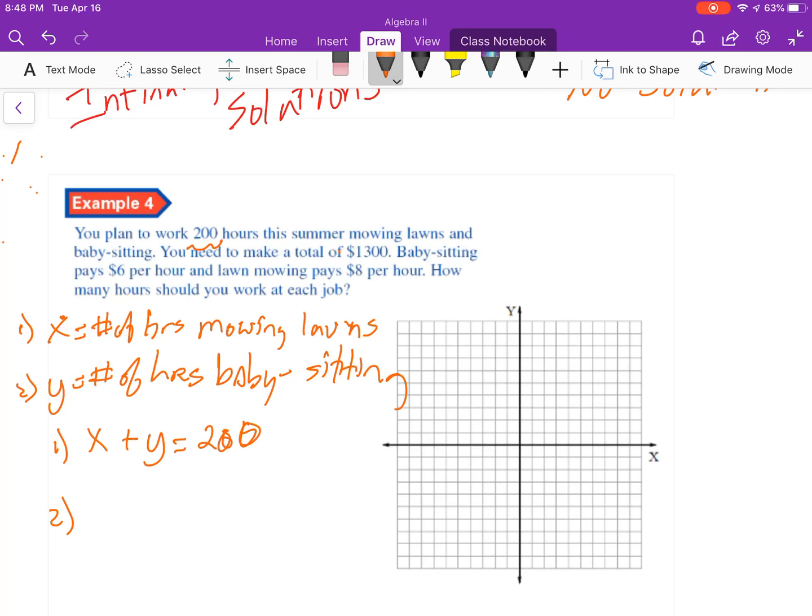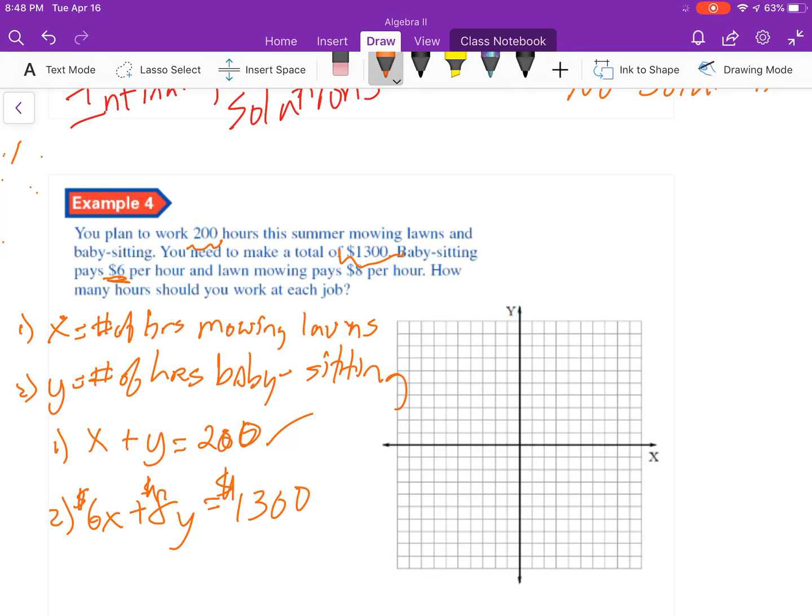Okay? The total amount of money I need to make is $1,300, but what I need to do is take this X, which is number of hours, and turn it into dollars. So I'm going to take the rate that I get paid per hour babysitting and multiply it by X. So that's $6 times X plus $8 times Y will add up to be the total, $1,300.